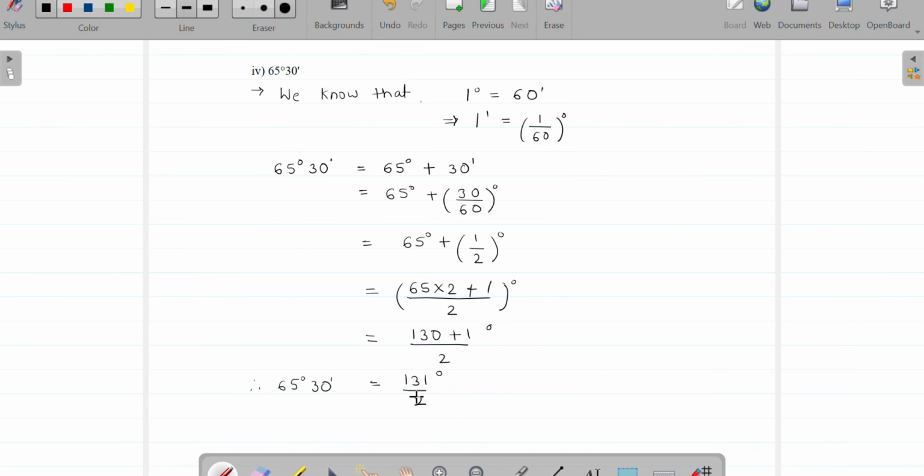Now we have to convert this degree into radian.